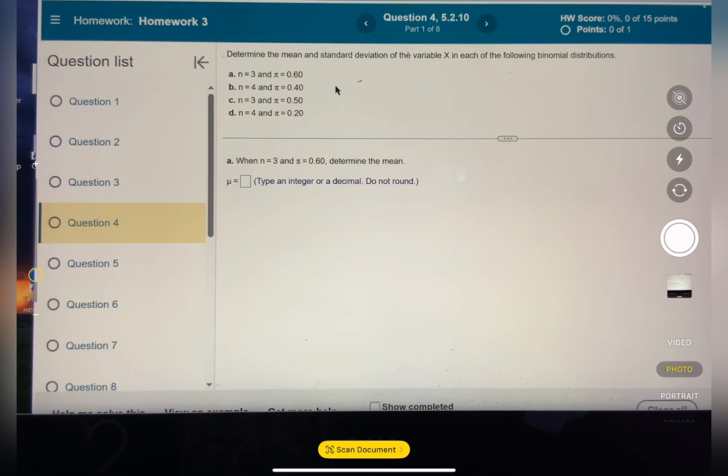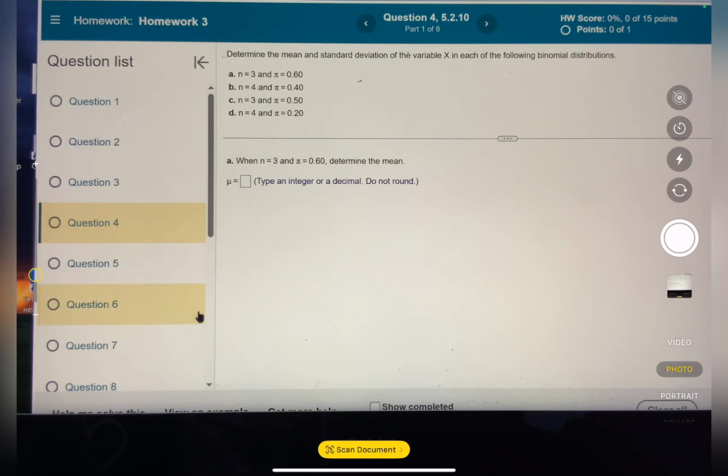Let's say if you grab a yellow candy from the jar, it doesn't mean that the second one is also going to be yellow. Okay, so that's another condition. Okay, how are we gonna calculate the mean and standard deviation here?